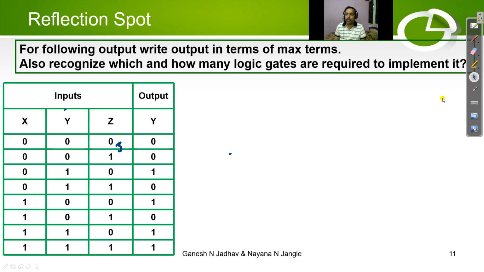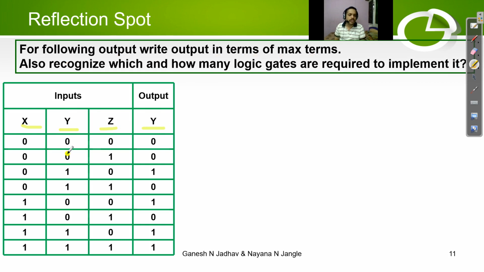Now what is the next problem? This is a problem for you. For the following output, write the output in max terms form. Also recognize which and how many logic gates are required to implement this format. Here I have three inputs X, Y and Z. These three inputs are given to you, and the corresponding outputs are given.